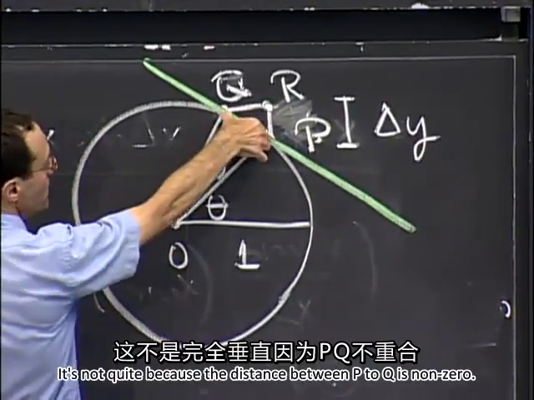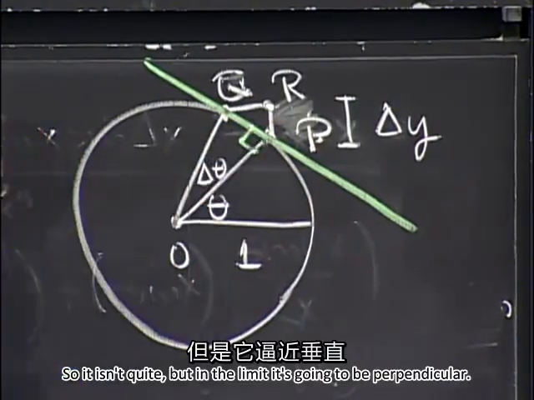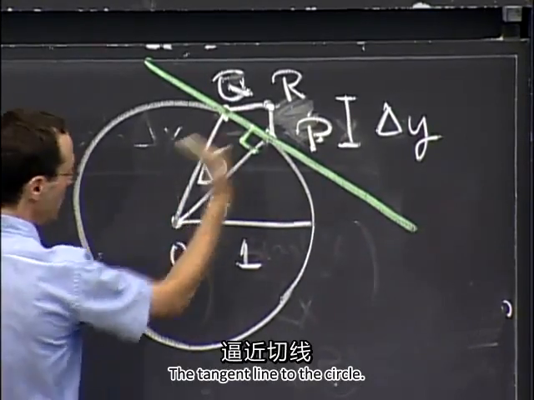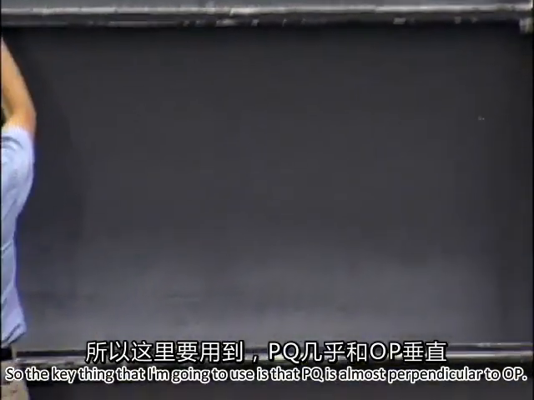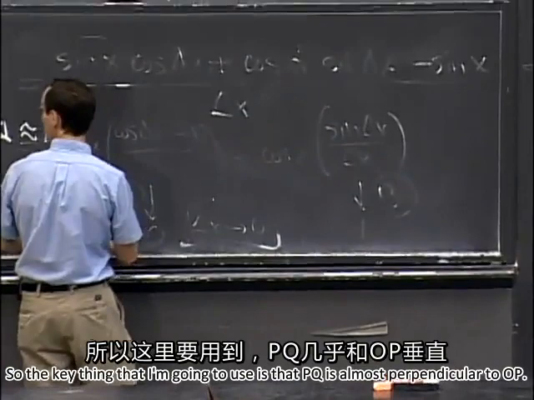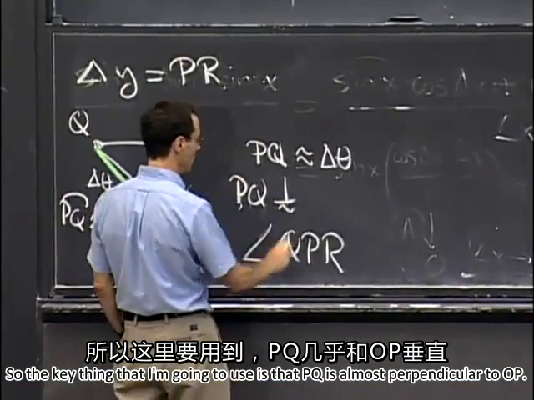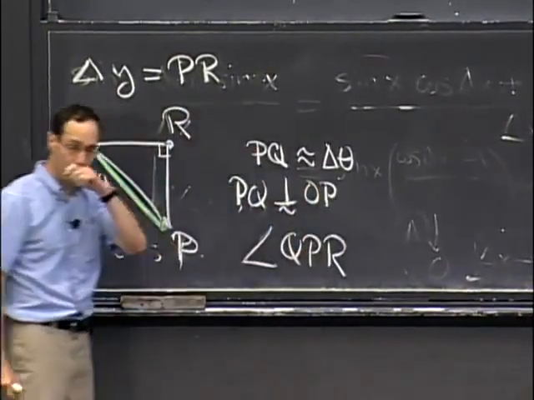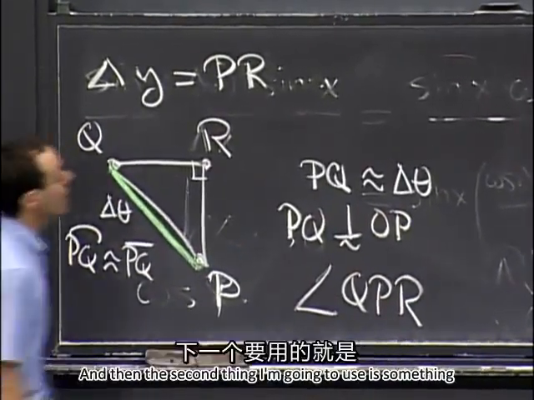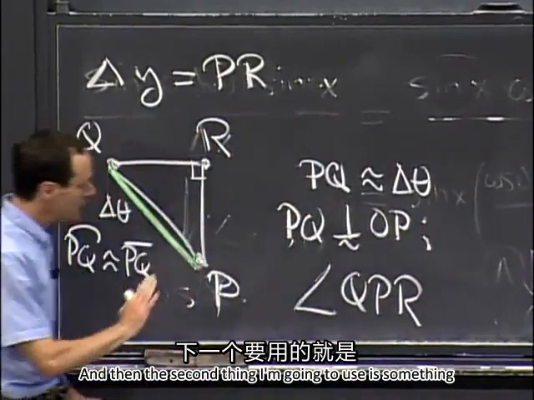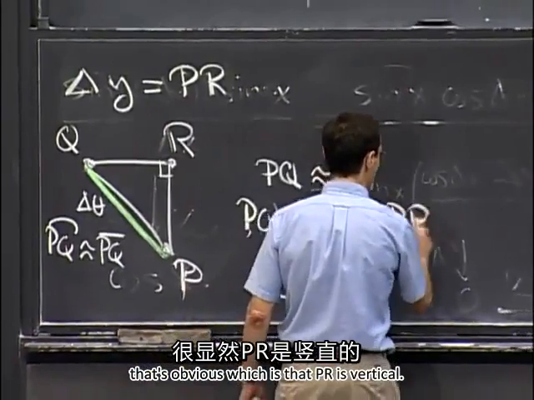It's not quite, because the distance from P to Q is non-zero, but in the limit it's going to be exactly perpendicular, the tangent line to the circle. So the key thing that I'm going to use is that PQ is almost perpendicular to OP. The ray from the origin is basically perpendicular to that green line. And the second thing I'm going to use is something that's obvious, which is that PR is vertical.